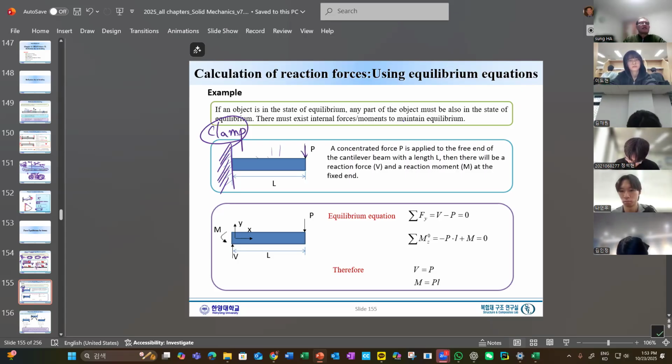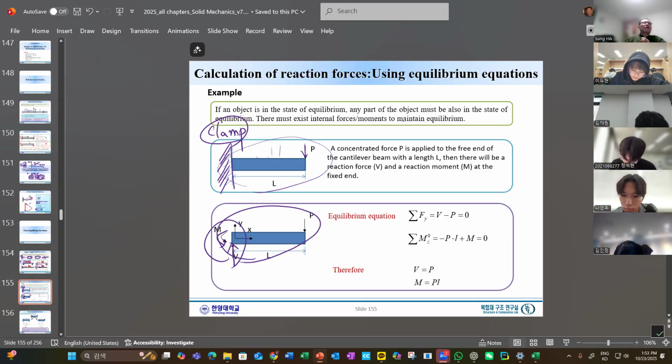Now, obviously, for this structure to be in equilibrium, we need to have a reaction force V and reaction moment M here. Actually, these two reactions make the structure in equilibrium. They occur at this boundary as reactions.